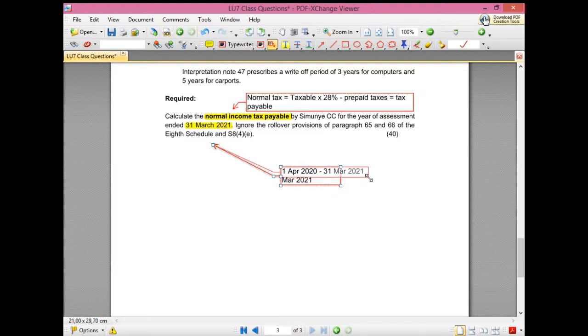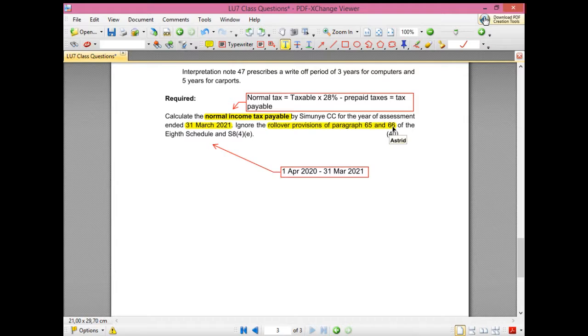Now, the reason we write it down is in the exam, they could potentially put a prepayment component in there, and that is why you need to know the date range. Okay, for that specifically. Then they tell you to ignore the rollover provisions of paragraph 65 and 66. Now, what the rollover provisions say is any recoupment amounts.